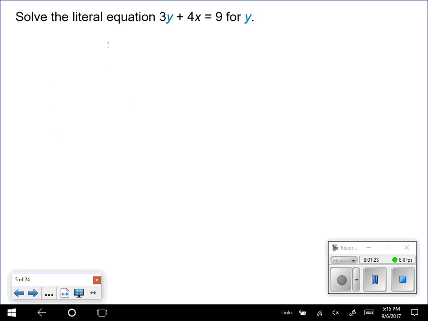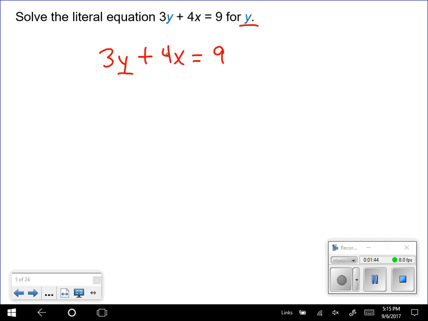This first one, we have 3y plus 4x equals 9. And it tells us we want to solve the literal equation for y. So I'm trying to get y alone because that's my goal in solving an equation. Remember, get your variable alone.